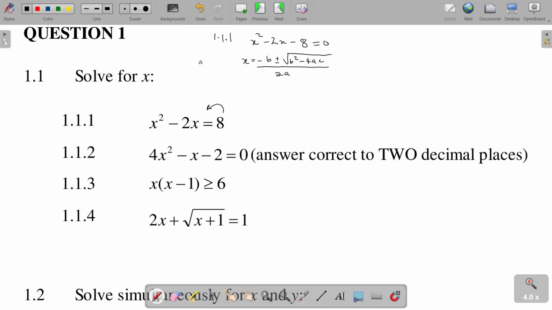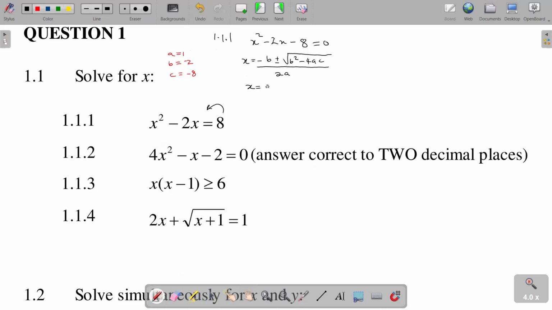2a. So what is our a? Our a is equal to 1, which is the coefficient of x squared. Our b is equal to minus 2, which is the coefficient of x, and our c is equal to minus 8, which is the constant. Substitute.